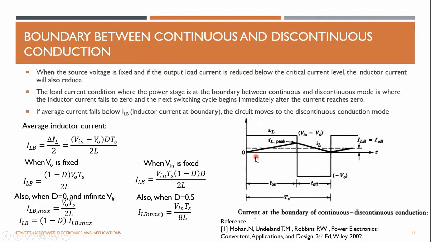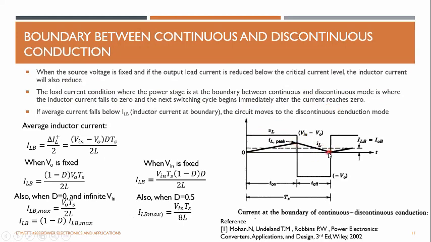At the boundary between the continuous and discontinuous mode, the inductor current in the charging phase starts from 0 and reaches here, and in the discharging mode, it goes back immediately to 0 here. So the load current condition where the power stage is at the boundary between continuous and discontinuous mode is where the inductor current falls to zero, and the next switching cycle begins immediately after the current reaches zero.